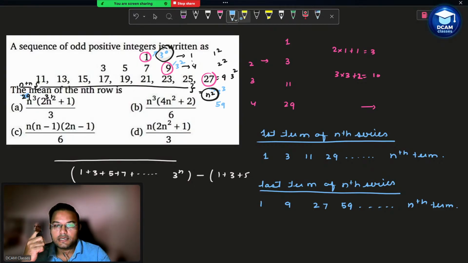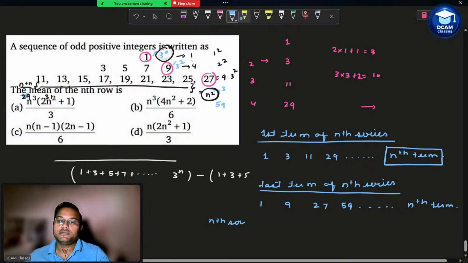This question is a little bit difficult, because if we are able to find out the nth term, then it will be over, because the nth series is an AP series with common difference 2. We will be able to find the sum then.